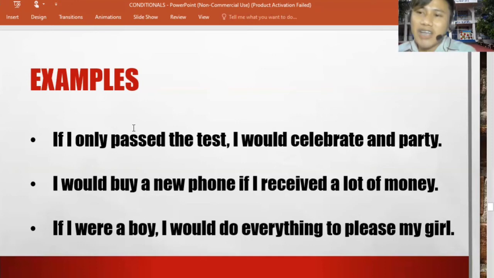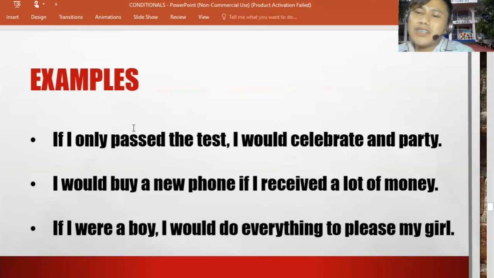Actually, I had classmates back then in college who reviewed thoroughly, from back to back of their reviewers, and yet they failed in the class.